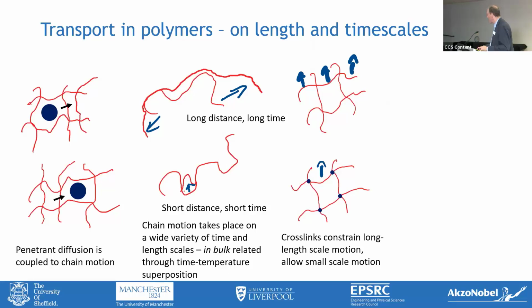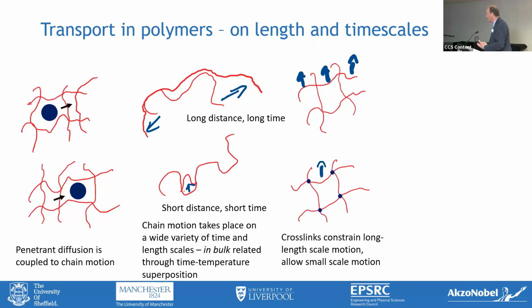Those are very long time scale modes. But there's a fantastic principle of polymer physics called time-temperature superposition, which essentially says that there's a superposition between time and temperature, that every motion essentially has the same temperature dependence.